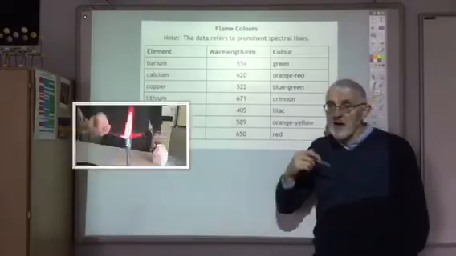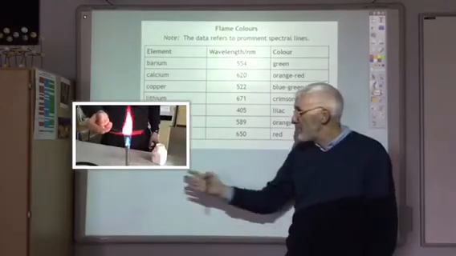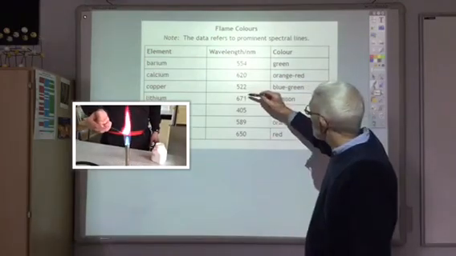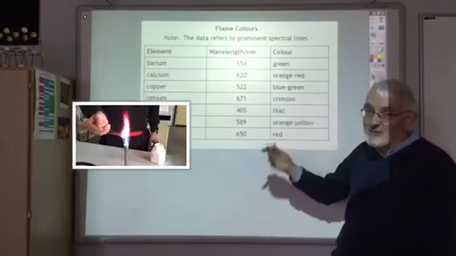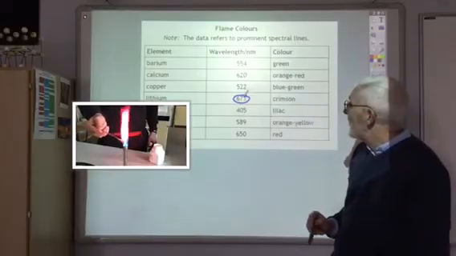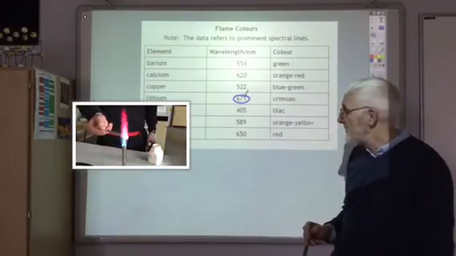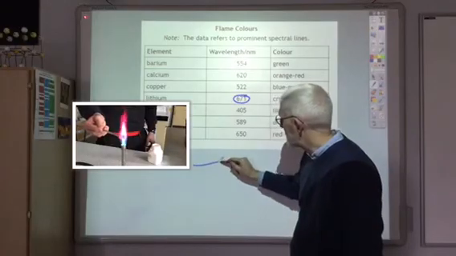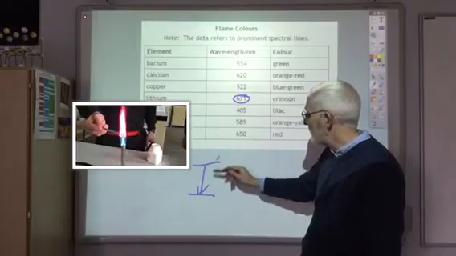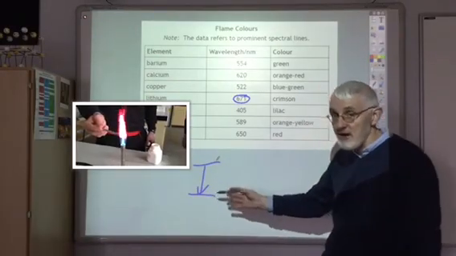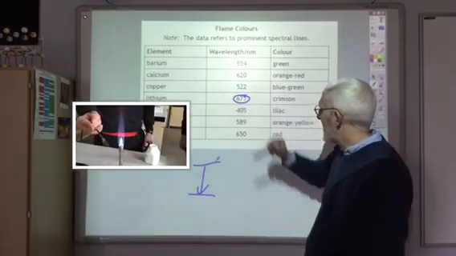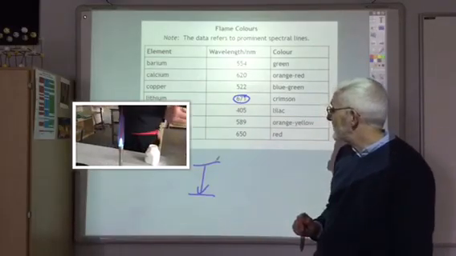So if we look back to where we started and we did our flame test with lithium, we see a red, or let's say a crimson flame corresponding to electromagnetic radiation of a wavelength of 671 nanometers. So that corresponds to an electron dropping from a higher energy level to a lower energy level, not necessarily ground state, and the radiation given off has a wavelength of 671 nanometers.